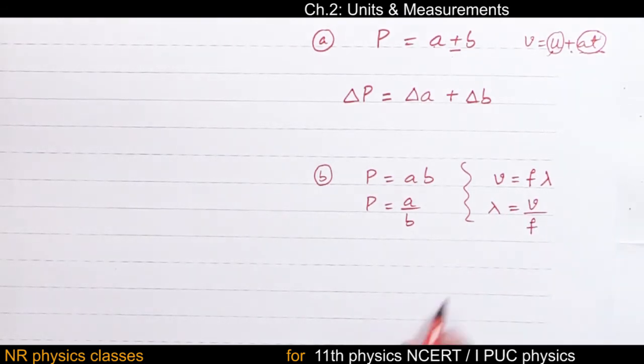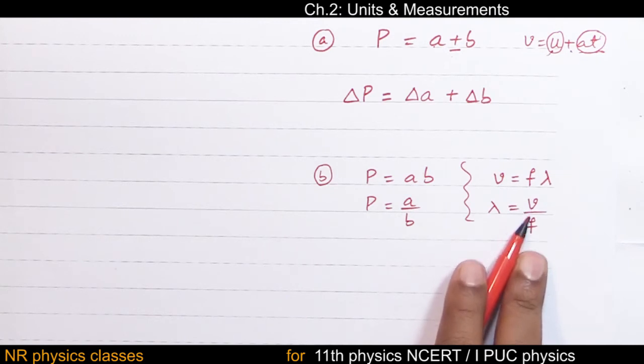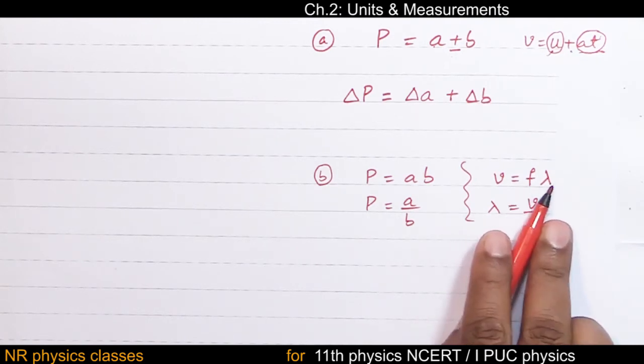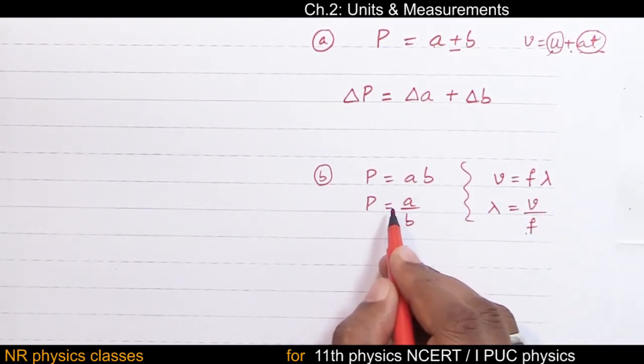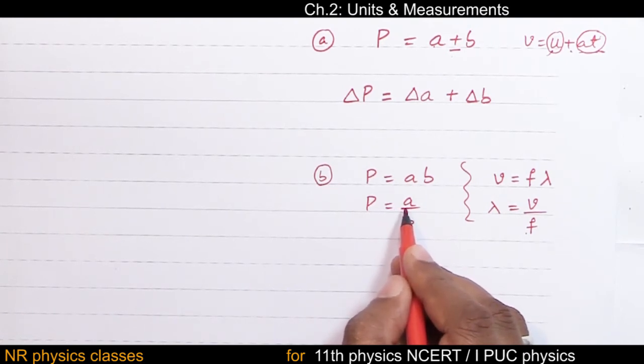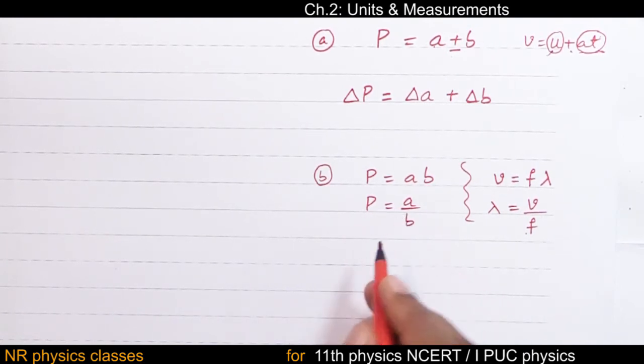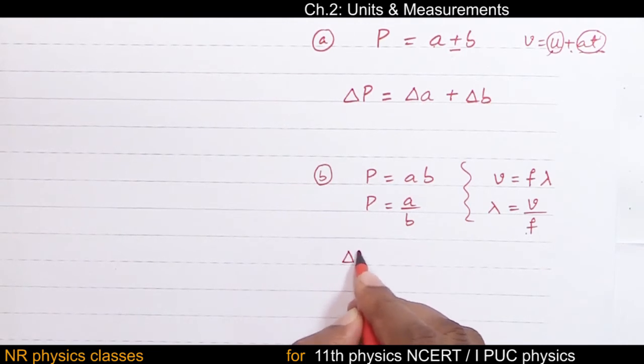Okay, see, ratio of two physical quantities or product of two physical quantities. So in such cases, we have to talk about relative error. So relative error is absolute error by true value.